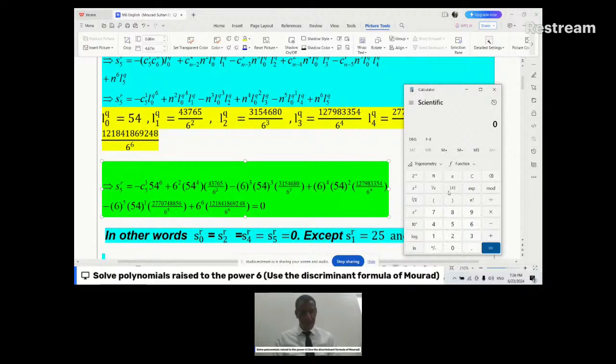This one equal. So this one has to be equal to that.